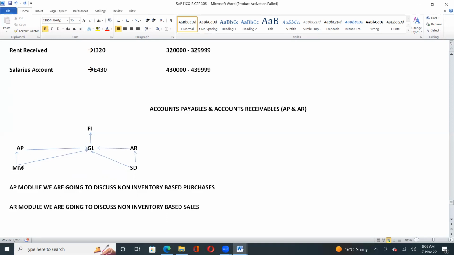When we integrate with the MM module, then we talk about material. Same with SD: when we talk about AR, non-inventory sales, no stock is involved. But when we integrate with the SD module, sales and distribution, then we talk about material. Clear? Any questions on this?